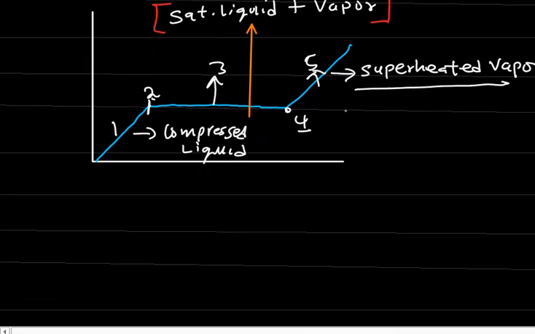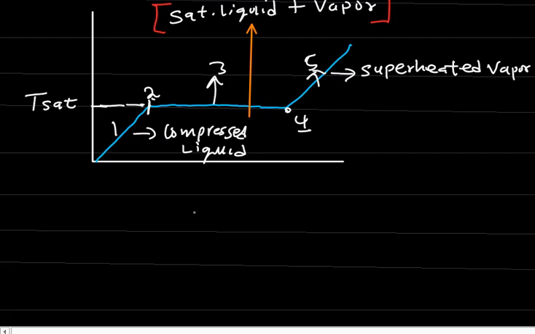Let's start with the superheated vapor. How do you know that the liquid is at a superheated vapor state? As you can see, this temperature here is Tsat.